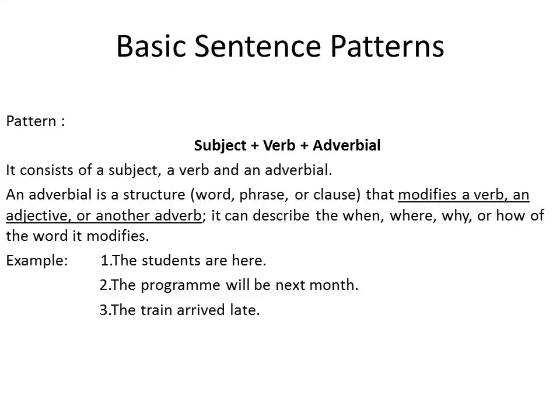Let's see this pattern. It consists of a subject, a verb, and an adverbial. Adverbial is an umbrella term which covers all adverb forms. It can be a single word, a phrase, or a clause.